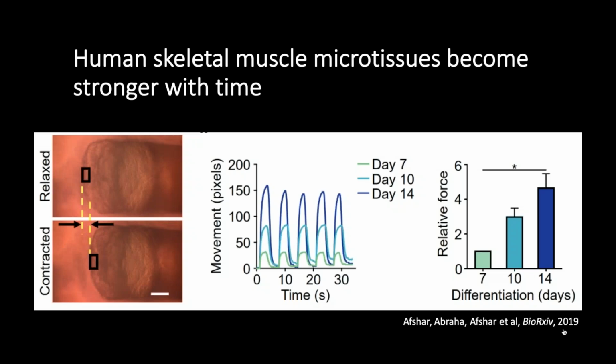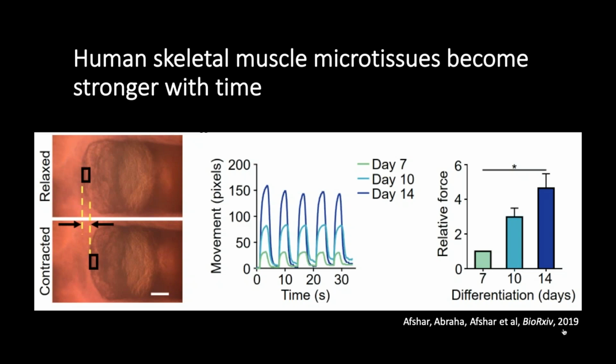So with these tools in hand, we're then in a position to be able to look at different scenarios where human skeletal muscle microtissues might change in terms of becoming weaker or stronger over time. And what you're looking at here is just a proof of concept.